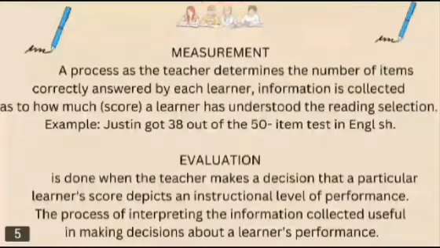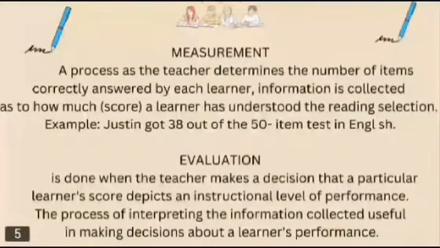So, in measurement, a number is assigned to quantify an individual's intelligence, personality, attitudes, or values, according to Gaboyo, 2012. When the teacher gives a score to the test of the students, it is termed measurement.